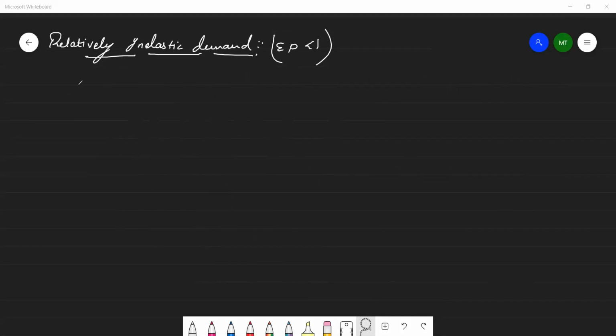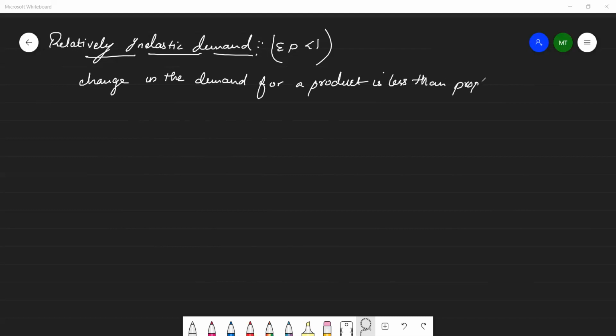Okay, the demand is said to be relatively inelastic. The demand is relatively inelastic demand.